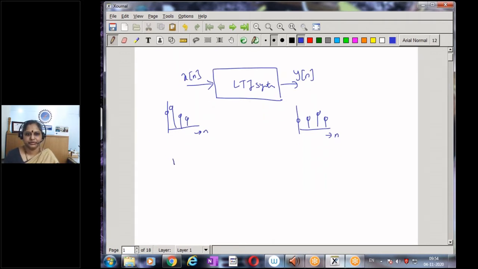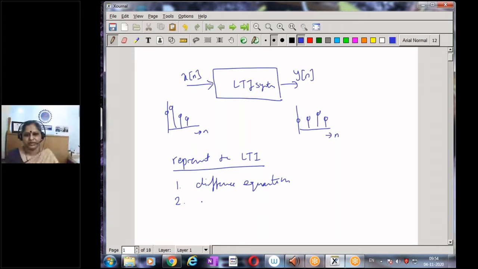So to represent the LTI system, one would be the difference equation. The other can be the impulse response h[n] of the system.